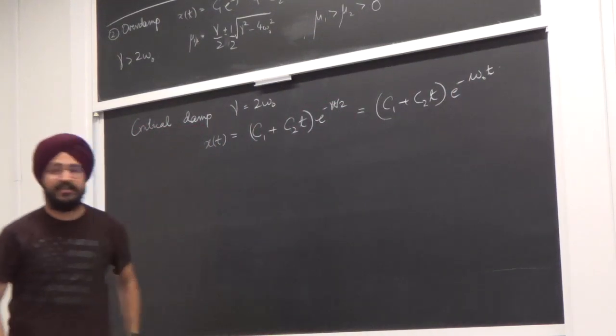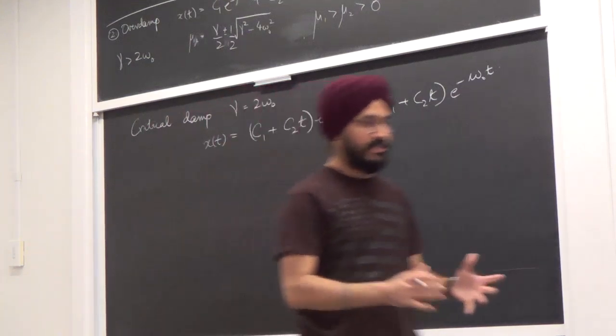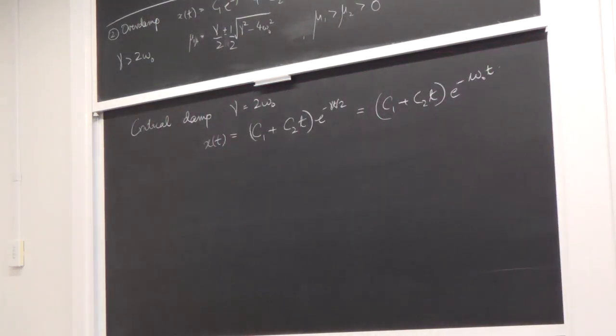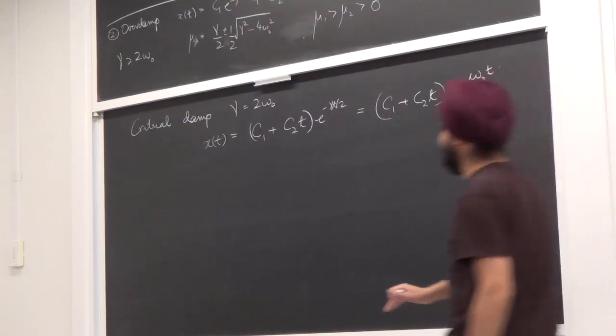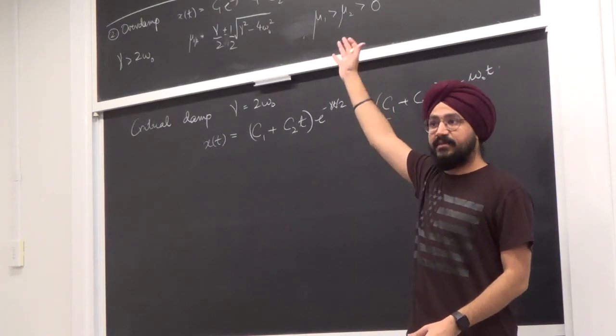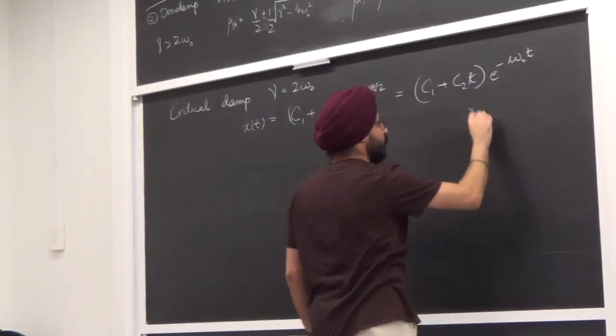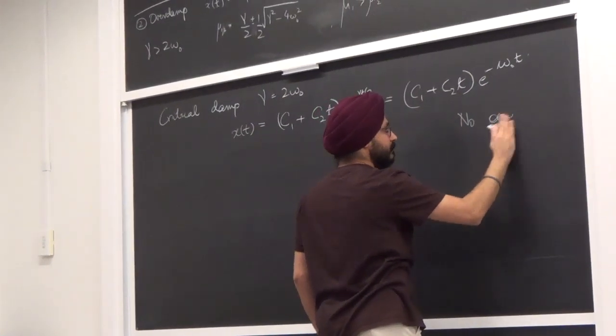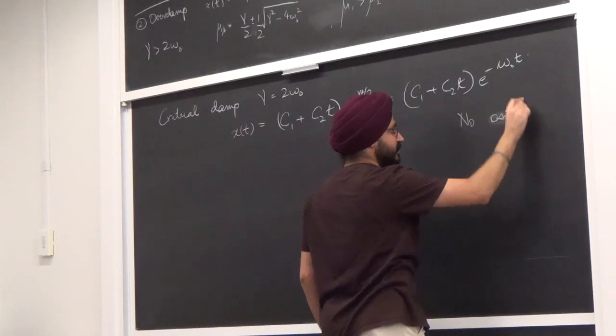Okay? And critical damping is important because, as I mentioned last time, there are no oscillations here. No oscillations whatsoever. Oscillations only occur in the lightly or the underdamped case. So, no oscillations here as well.